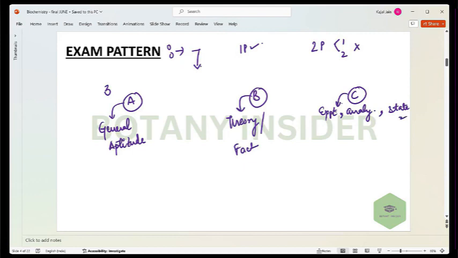Okay, part A is general aptitude, where we have questions from basic mathematics, very base level mathematics. Then you have theory, part B and part C.